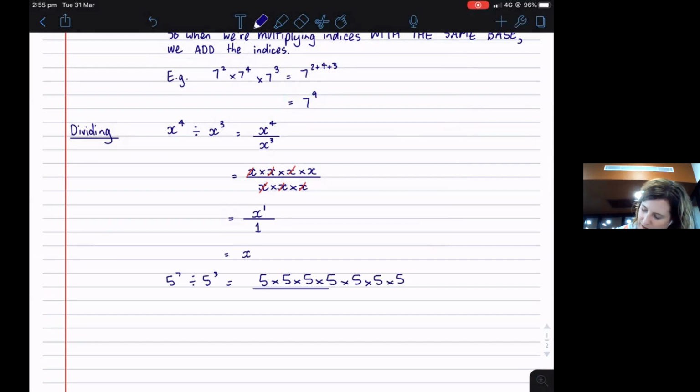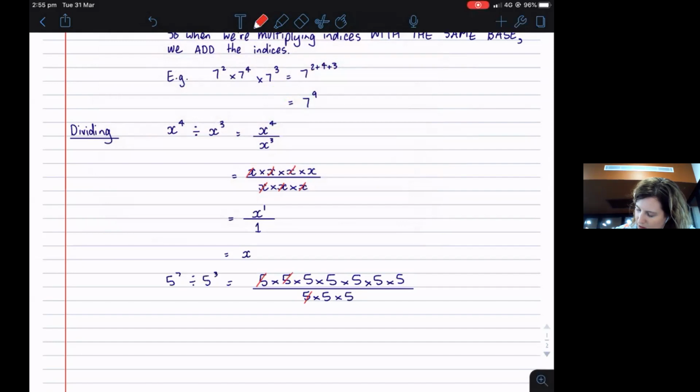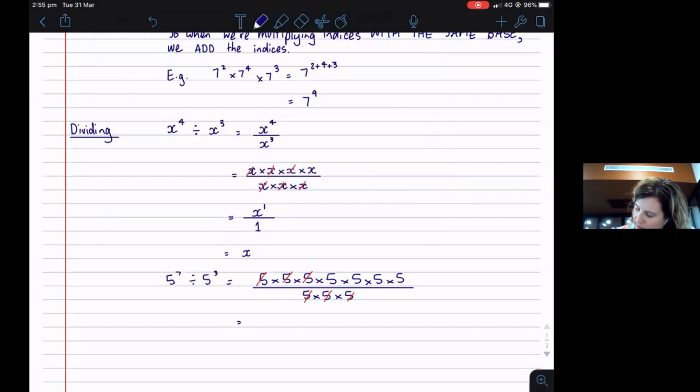And that's over 5 to the 3, which is 5 times 5 times 5. Cancel out anything that appears top and bottom. You can only cancel out one to one, by the way. You can't cancel out two of them on the top and one of them on the bottom. We're left with 5 times 5 times 5 times 5, which is 5 to the 4 over 1, which is just 5 to the 4.